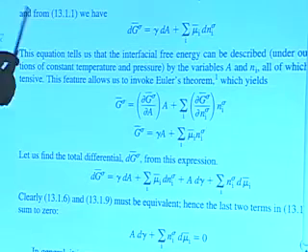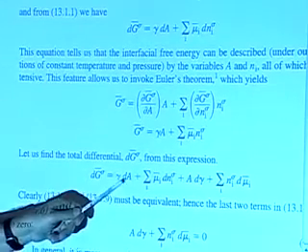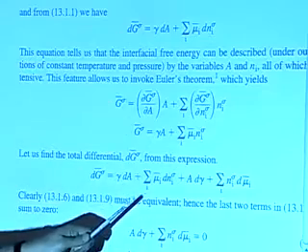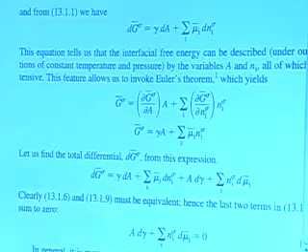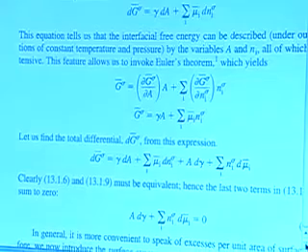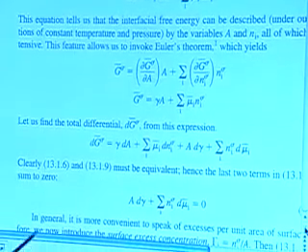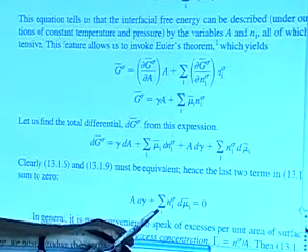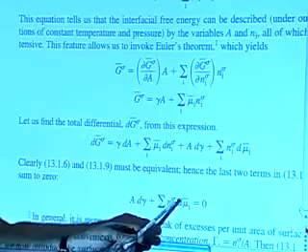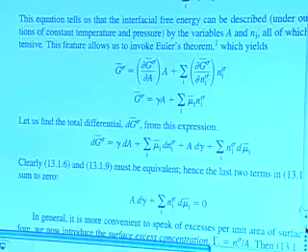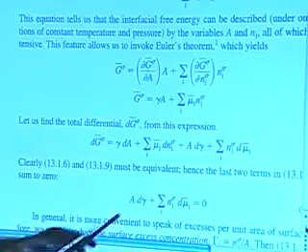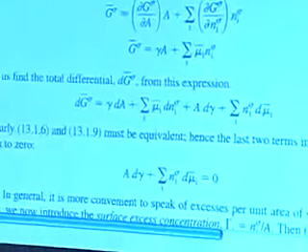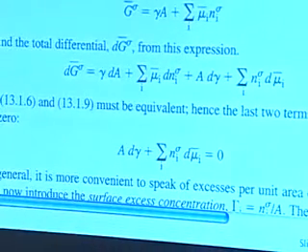Since these two are equal, that term is common, that term is common, that means the other two terms must be 0. And so that means that A dγ plus these derivatives of electrochemical potential with respect to the surface excesses must be equal to 0. And we're close to an important result.